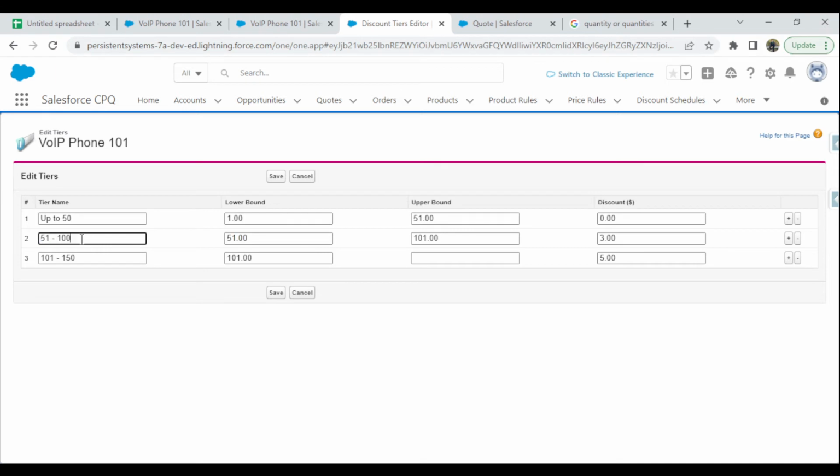As we are going for 100 quantities, 101 won't be considered. At that time we are giving $3 of discount. And if a customer is going for 101 plus quantities, we have the lower bound of 101 and we don't have any upper bound, and at that time we are giving a discount of $5. So let's see how this works in practice.